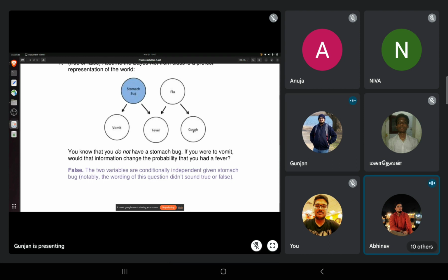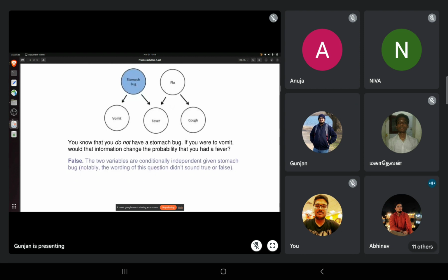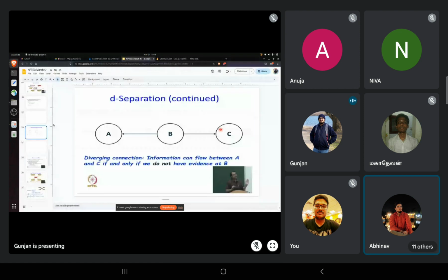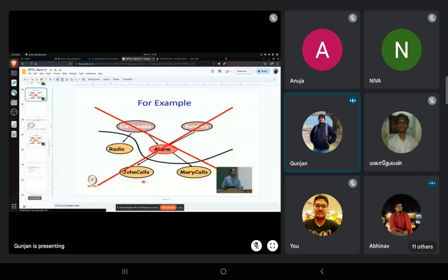No, sir. I was saying that we can use d-separation also, and also that second rule, sir, which I discussed, the Markov blanket, that it is dependent only on the blanket around the parents, children, and other parents of the children. Markov blanket concept. Yeah, this one. The first rule itself is fine.